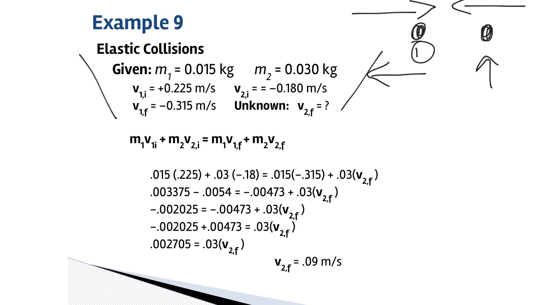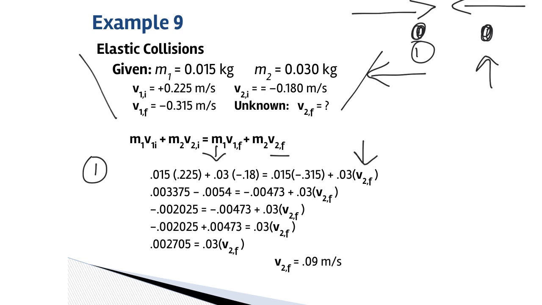So from the wording of the problem, here's our first line of math: 0.015 times 0.225 plus 0.03 times minus 0.18. This is happening before the collision. Equal the first marble, 0.015 times minus 0.315 plus 0.03 times this final velocity.